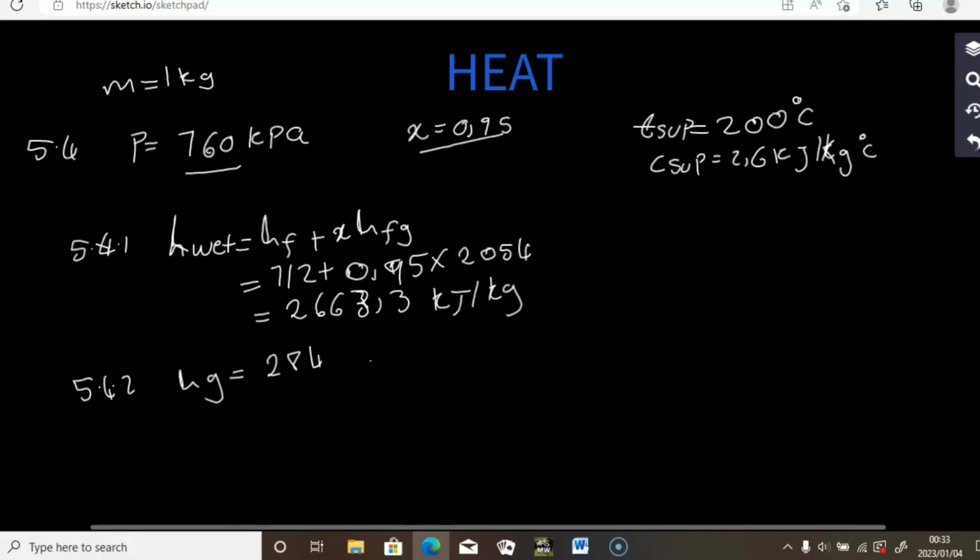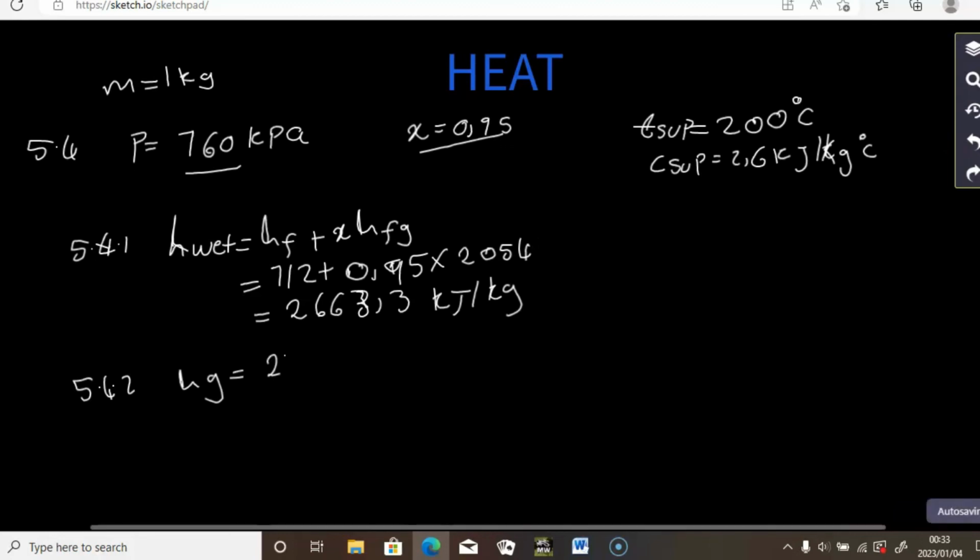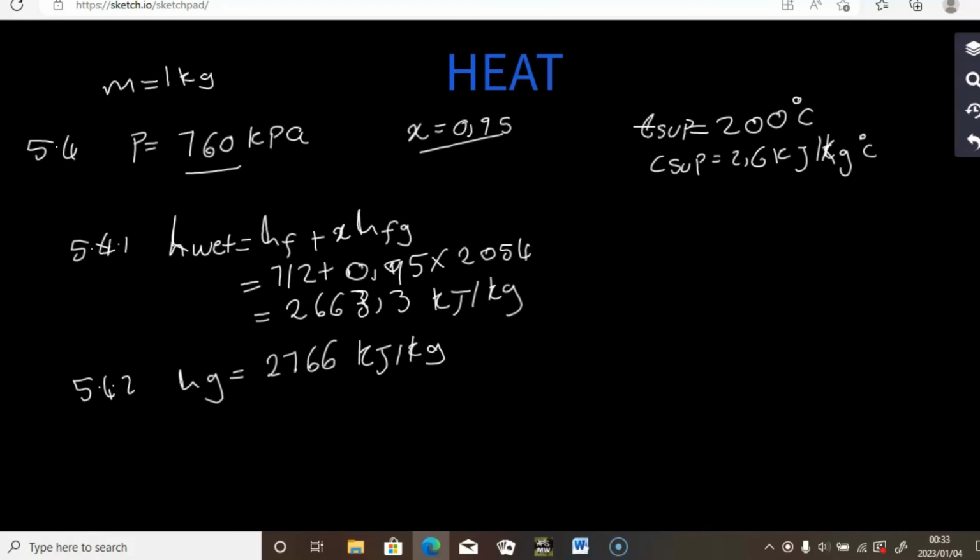That's the wrong value. It's 2766. Sorry about that. It's 2766 kilojoules per kg. So we go to the next one. They say the required superheating of a dry steam.